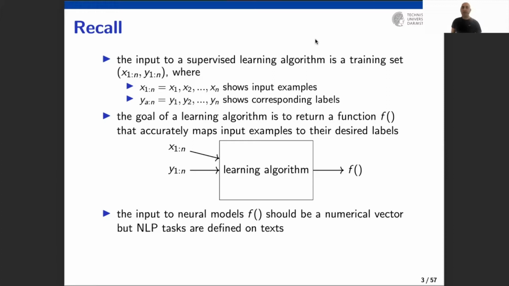Okay. But if we are talking about neural networks, the input to neural models, which is f, should be a numerical vector. But as we know, in many NLP tasks, the inputs to these functions are usually text.